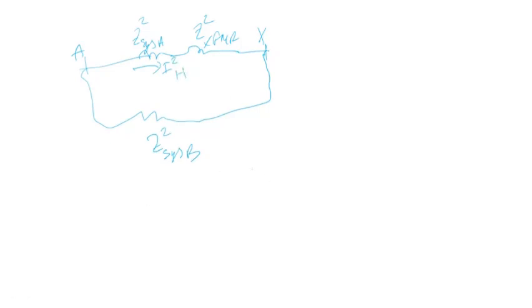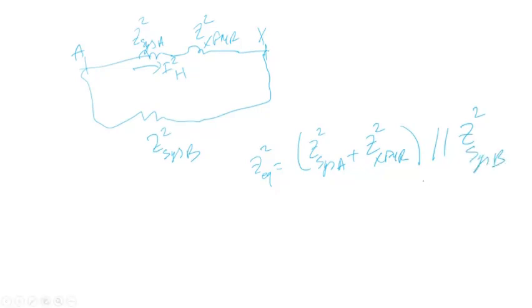Again, we'll do the same trick to find the equivalent negative sequence impedance: Z2 system A plus Z2 transformer in parallel with Z2 system B, and you do the same thing to find the equivalent, which is the product of the two impedances divided by the sum.